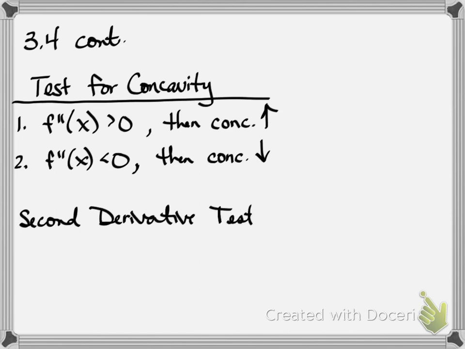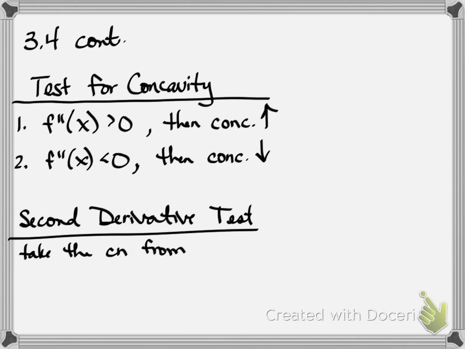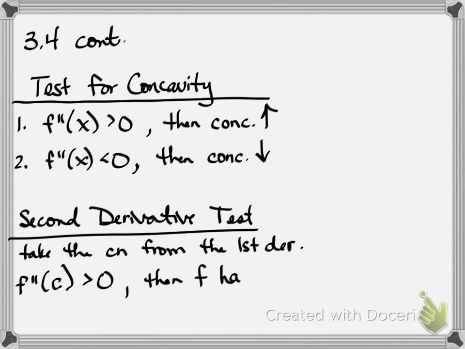actually says take the critical numbers from the first derivative. If the second derivative at those critical numbers is greater than 0, then f has a relative min at that point c, that critical number c, comma f of c.